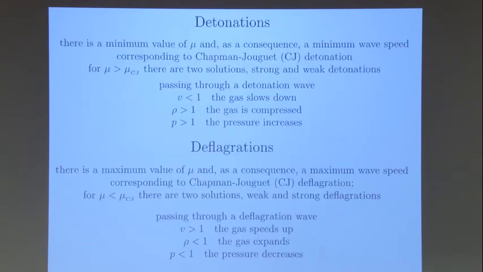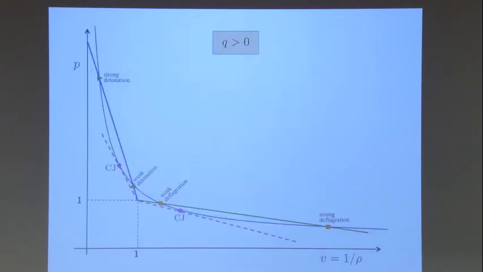Now, regarding the Chapman-Jouguet one, remember that there are two questions of interest that we're trying to study here, which I posed earlier. First is to identify what's the final state, okay? Rho infinity, P infinity, and so on. And the second question: what's the wave speed? Well, as we shall see, we cannot always determine the wave speed from this analysis, but we can always determine the final state.